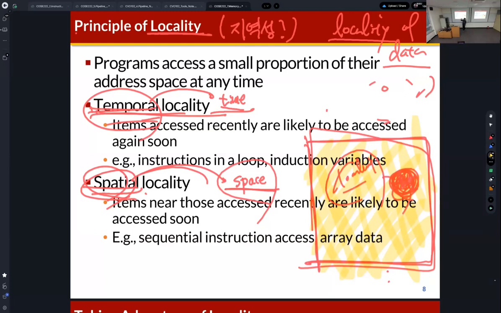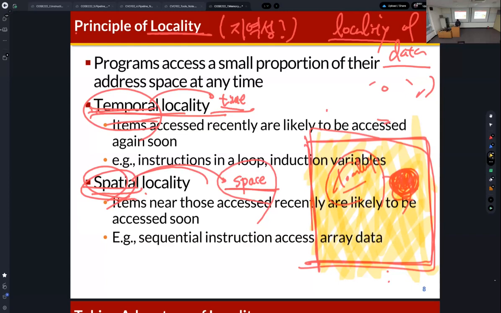But the high-level memory size is very small. It's not possible to store all data in the high-level memory. So because of data locality, we can use memory hierarchy.